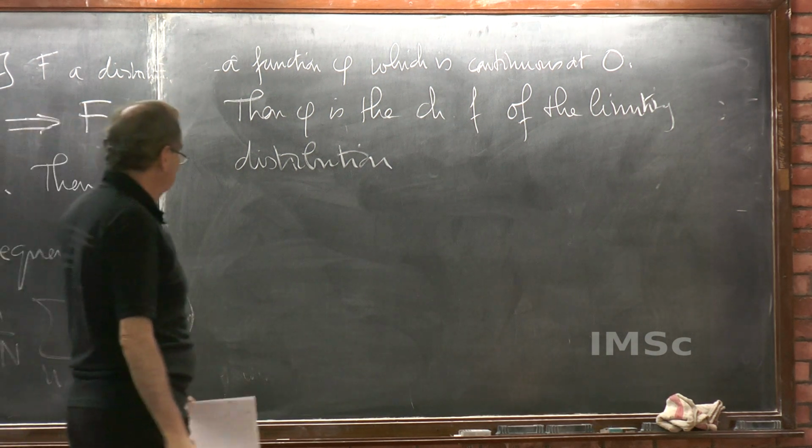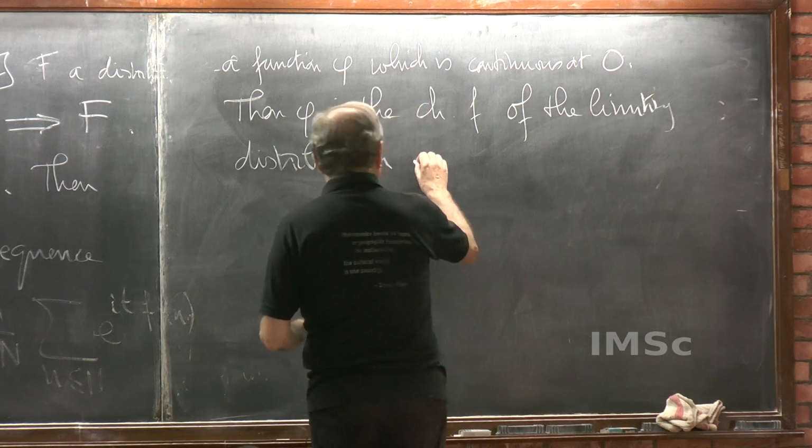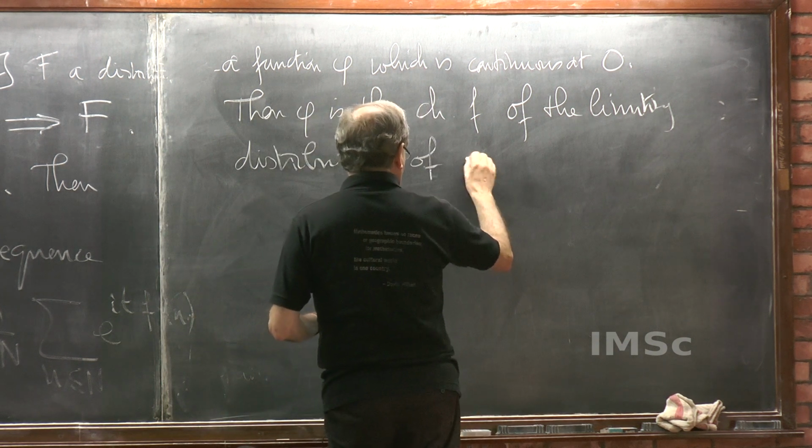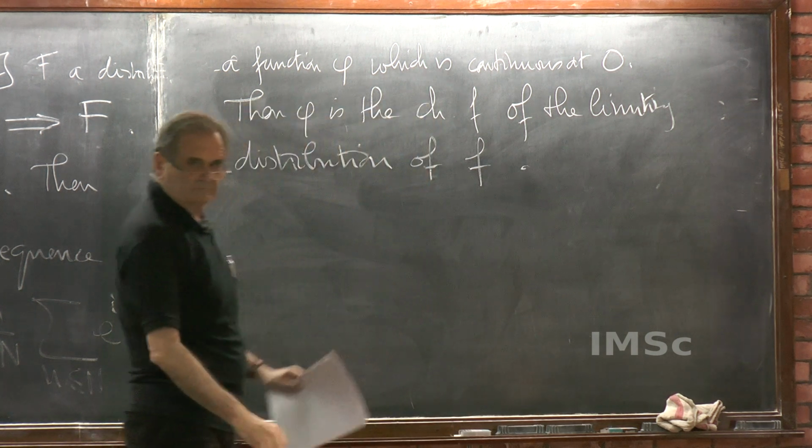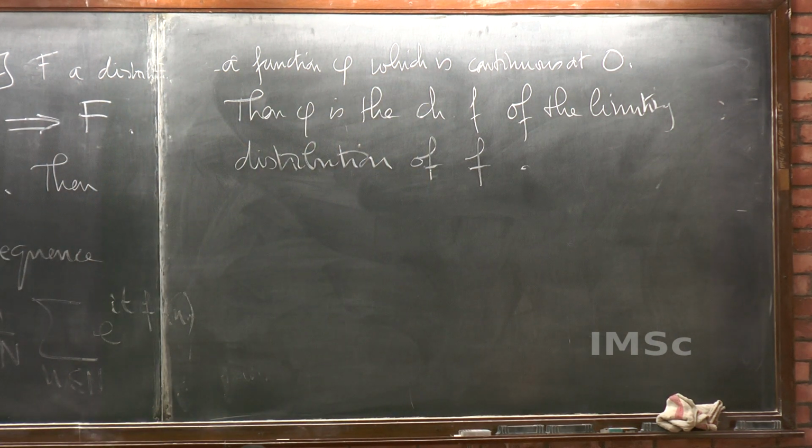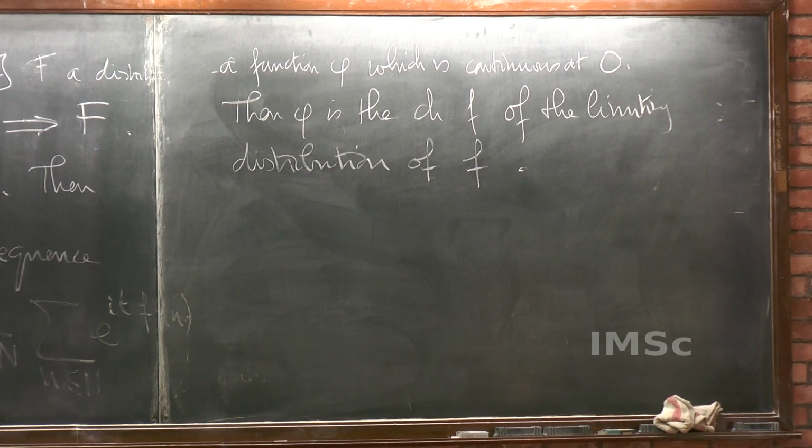It is this limit, the limiting distribution of f, which exists. So this is one way to see whether something exists. Look at the Fourier transform and see whether you have a pointwise convergence, and moreover that what you have at 0 is continuous, and then you are done. Okay? So this is a third point to see when you have this limit.